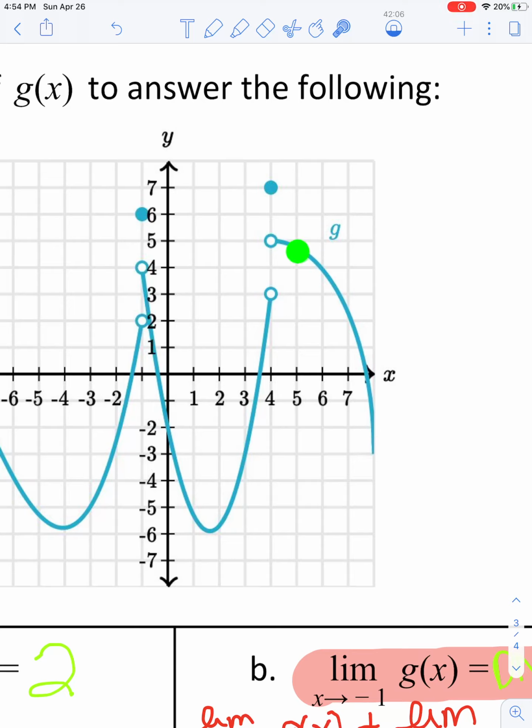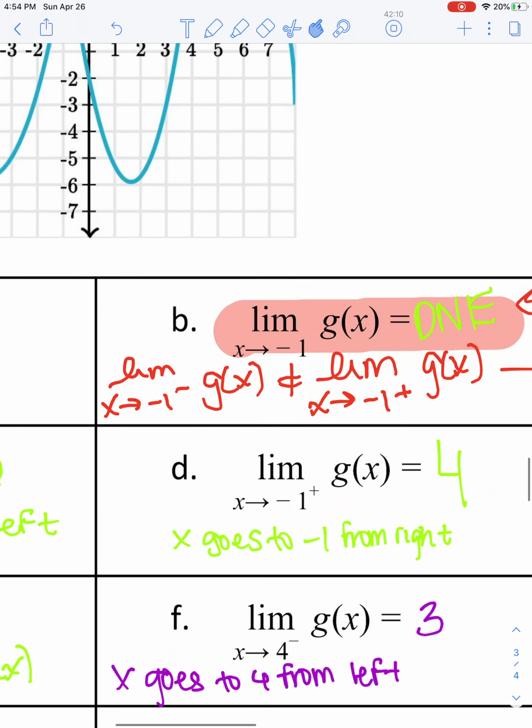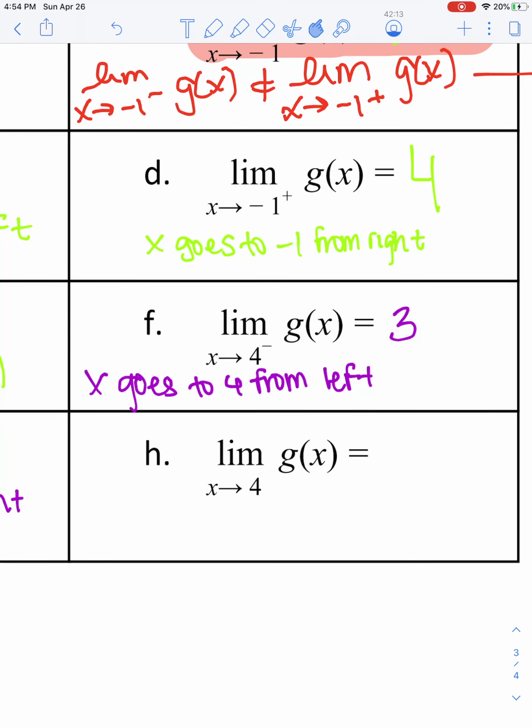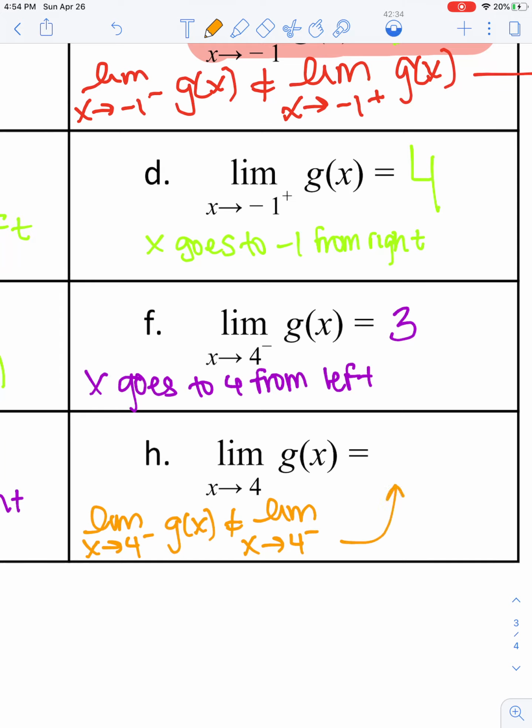And when we approached x is 4 from the right, we got the behavior of 5. Because the limit as x approaches 4 from the left of g of x does not equal the limit as x approaches 4 from the right, we can say that the limit as x approaches 4 in general does not exist.